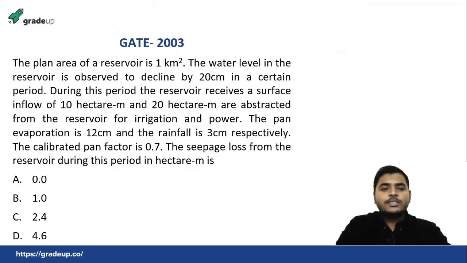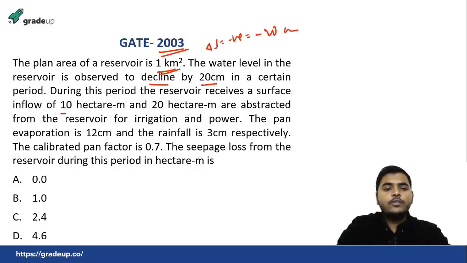This question was asked in the year 2003. The plan area of reservoir is 1 kilometer square. The water level in the reservoir is observed to decline by 20 centimeter. So here it is mentioned that delta S is negative, that is minus 20 centimeter in a certain period. During this period, the reservoir receives a surface inflow of 10 hectare meter.